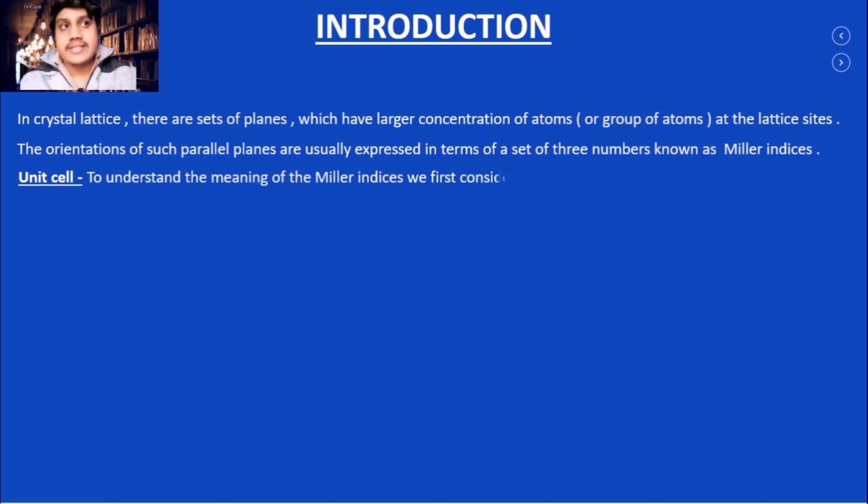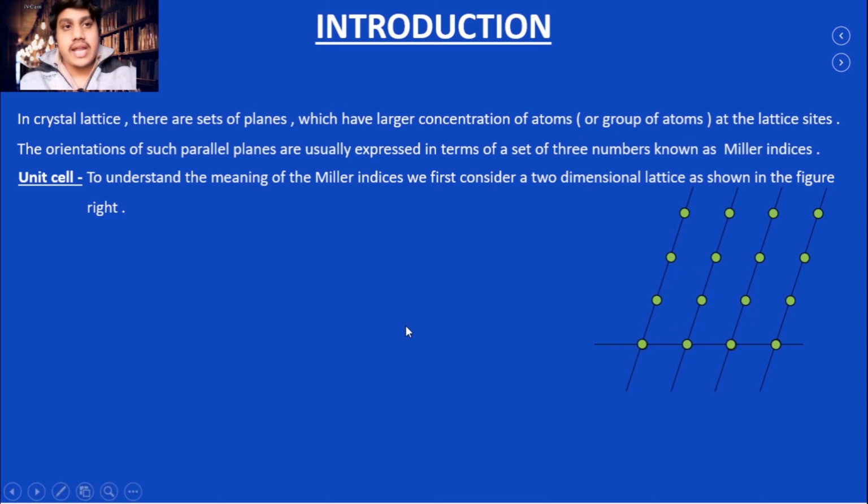To understand the meaning of the Miller indices, we first consider a two-dimensional lattice as shown in the figure. I take O as the origin. Let's name this quadrilateral OABC. As you can see, it's the simplest structure possible here.